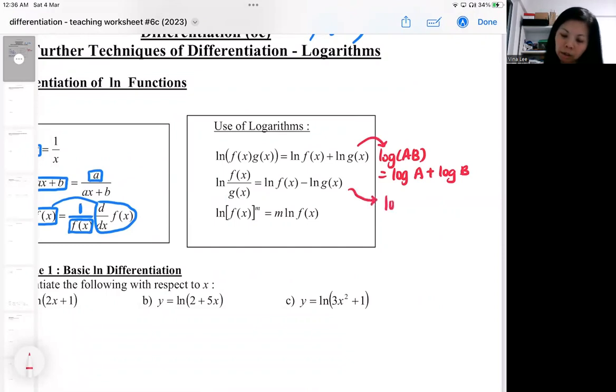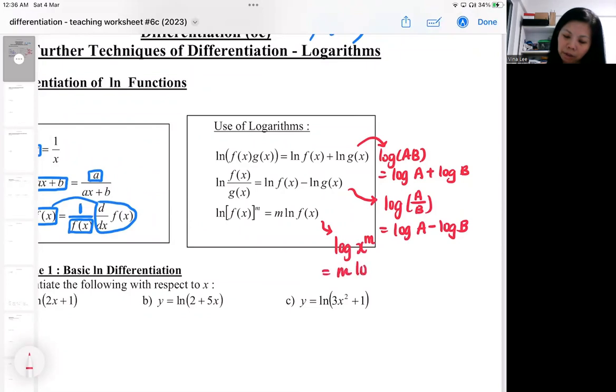Another one that you learn is a log of a fraction. If it's a log of a fraction, it will become log minus log. This one is the one that brings down the power. Hopefully most of you can remember. So remember, with logarithm we can bring down the power. So these are the 3 main logarithm rules that we'll be using.